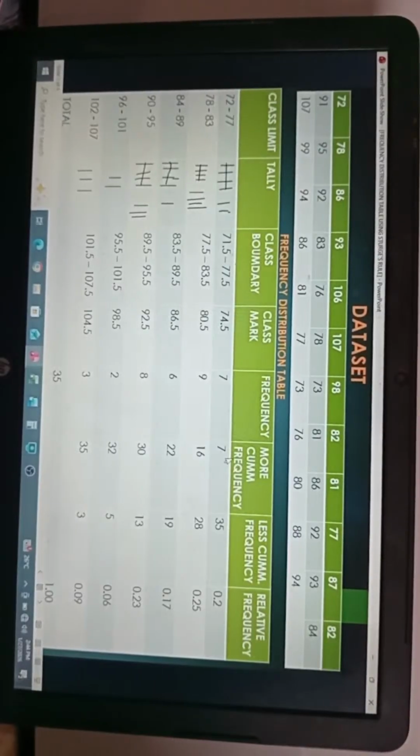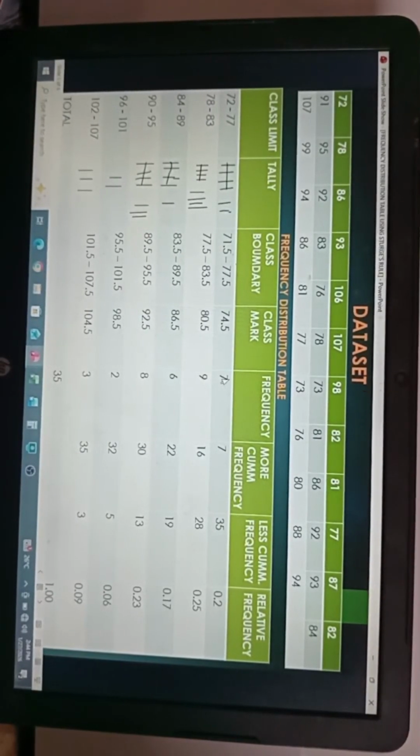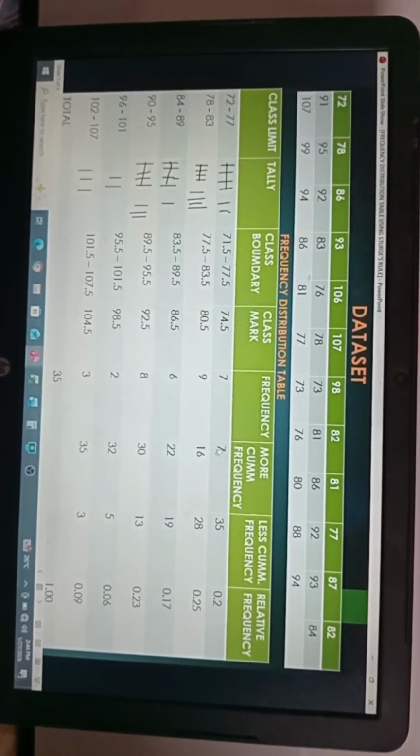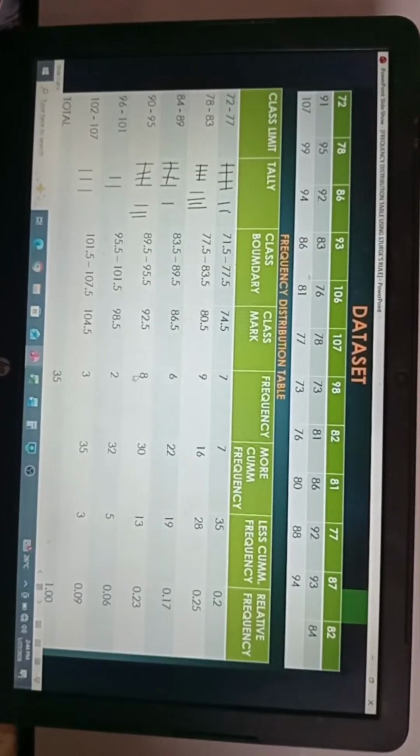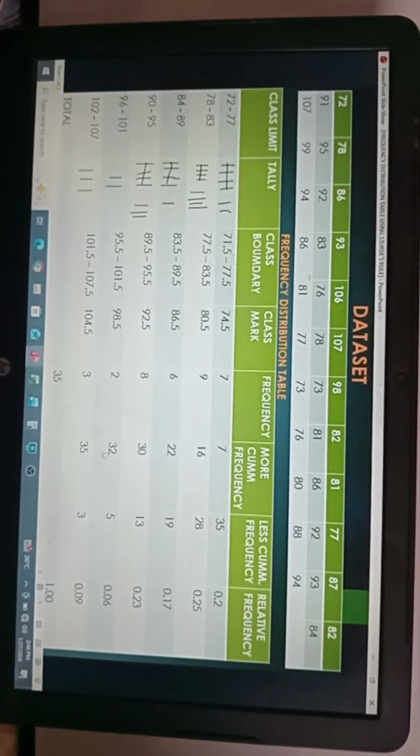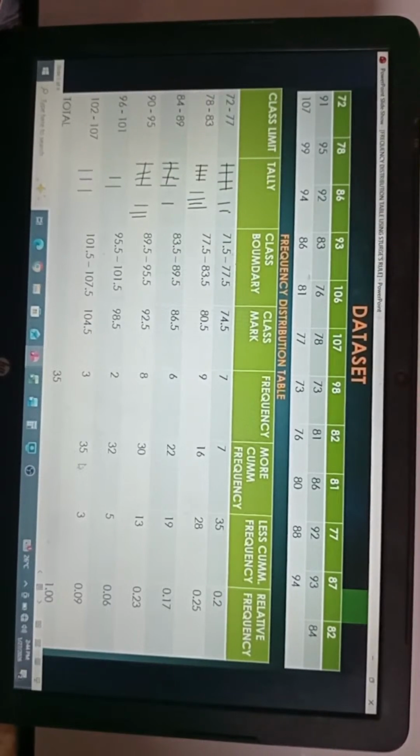In order to calculate the more than cumulative frequency, we add from the top to the bottom. We repeat the first 7 here. 7 plus 9, 16. 16 plus 6, 22. 22 plus 8, 30. 30 plus 2, 32. 32 plus 3, 35. It gives us the total frequency here.